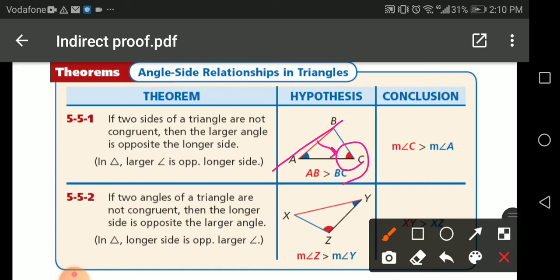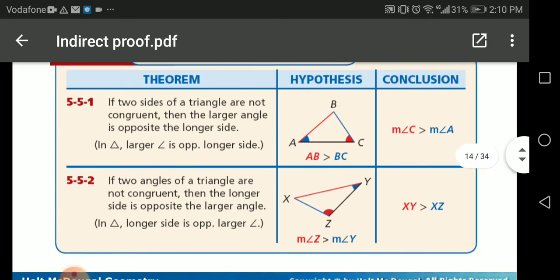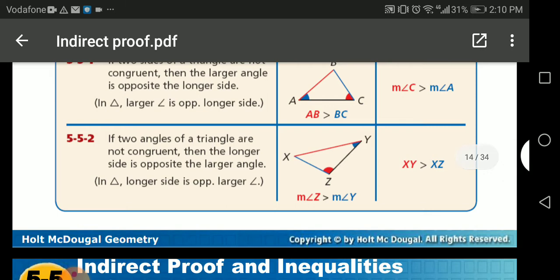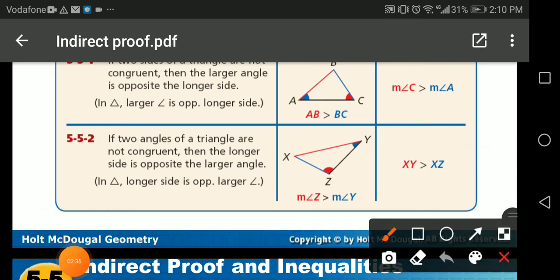So here angle C is greater than angle A, because AB is greater than BC. Okay? And we have another theorem: if two angles of a triangle are not congruent, then the longer side is opposite the larger angle. It's the converse of this theorem.